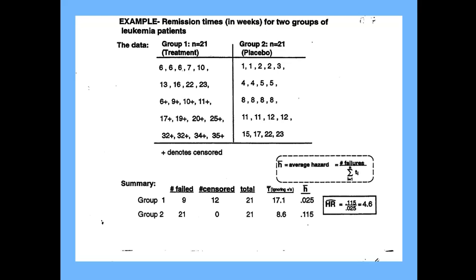Well, if you think about it, it does, because when we're talking about the means, we're focusing on surviving, how long they last. When we're talking about the rate, we're talking about failing, how long they don't last, how many people go out of remission. So we would expect that if this average is higher than that one, this average rate would be smaller than that one, and sure enough it is.